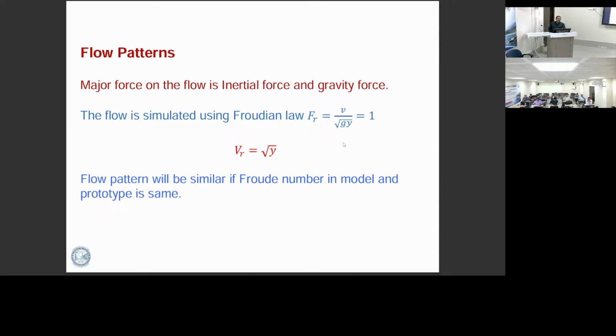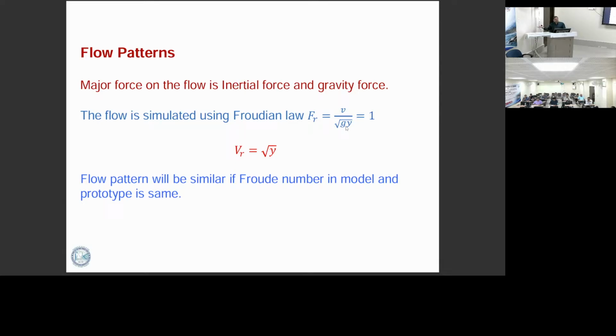Now velocity ratio V_R is equal to root of Y, where root of Y means depth scale, Y means depth. How is it related? Because Fr is equal to V by root GD. If Fr is equal to 1 for prototype and model as per similitude, then V by root GY or GD is equal to 1. So what is G? Acceleration due to gravity.